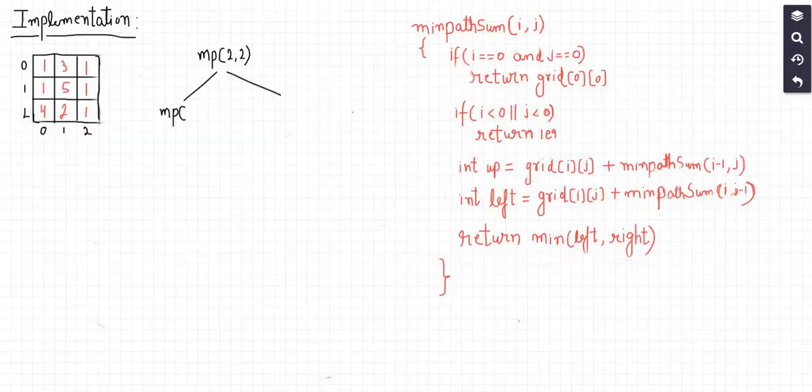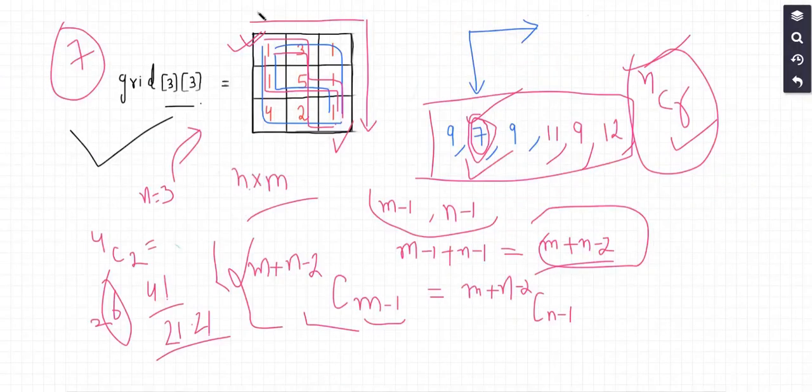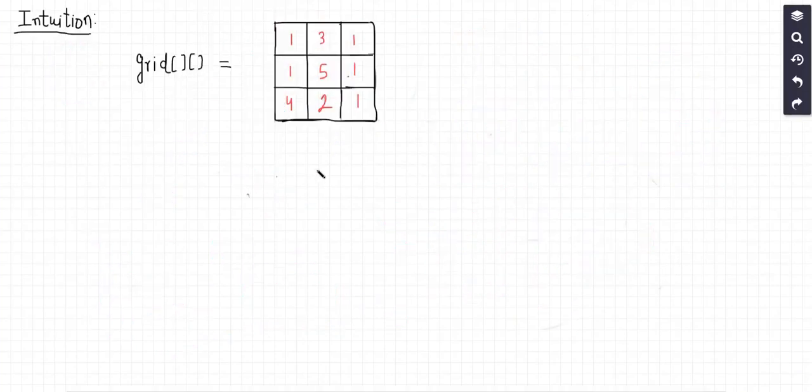Okay, so let's see how we can build the solution for this problem. So imagine this grid in which we want to find the minimum cost path to land at this cell. To land at this cell, I either come from this cell or from this cell.